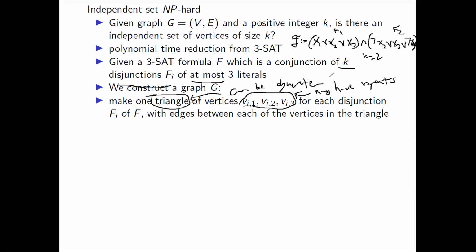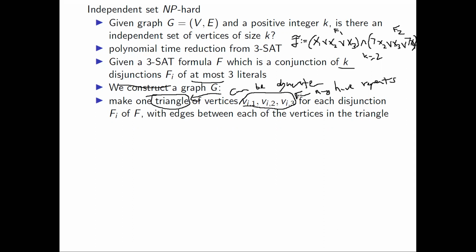As you see, some of the disjunctions in these 3SAT formulas that we saw in the previous slides have fewer than 3 literals in them. They only have to have at most 3 literals. So if they have fewer than 3 literals, this is fine.